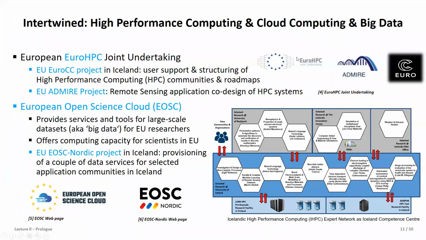Now, when you think about the EuroHPC Joint Undertaking, there are different projects where Iceland now has simulation and data labs, which you see here at the University of Iceland, closely collaborating also with Reykjavik University. So we structure the HPC community here more and more in order to get united, to think about parallel computing together and also apply for machines and grants together.